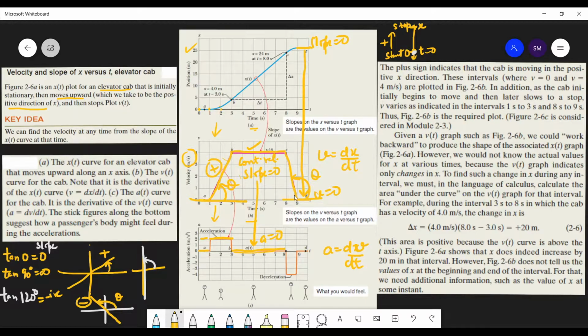So acceleration is negative, -4. Is this clear? Yes, sir. And then again the slope is 0 means acceleration is 0. I hope this discussion is clear to you, students.